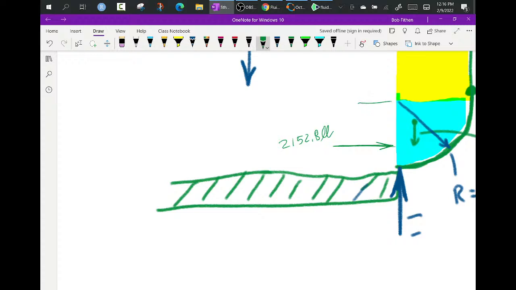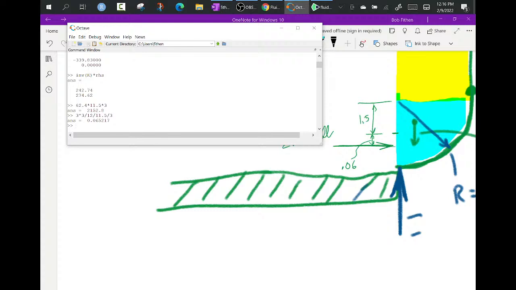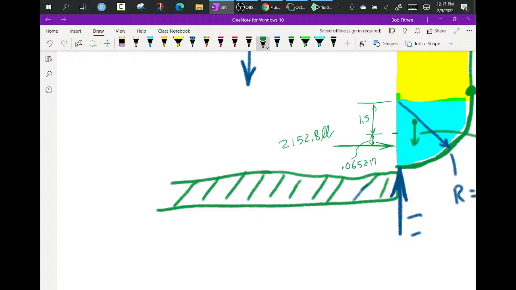Its distance: the centroid's here, and it's 1.5 down to here, but this delta is 0.06517.